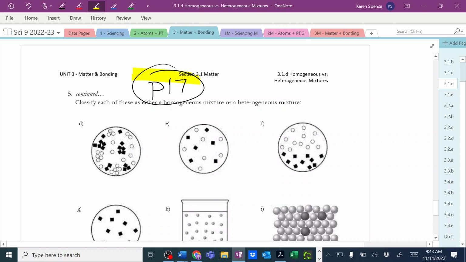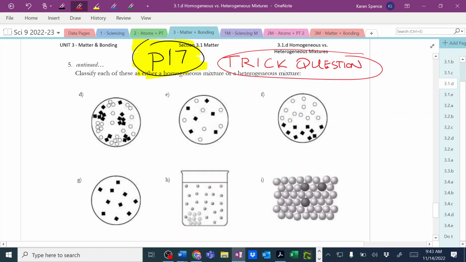Now, folks, on page 17, I don't know if you all noticed it, but there is a trick question. And the trick question is G, because G is not a mixture.